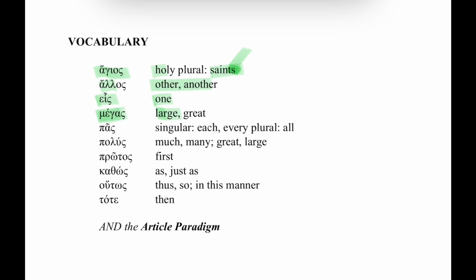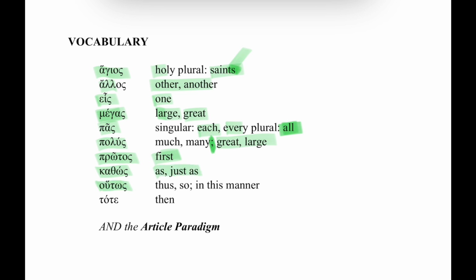Megas is great or large. Pas, in the singular, it means each or every, but in the plural, it means all. Polus means much or many, and then another sense of it would be great or large. And then protos means first. Kathos, as or just as.